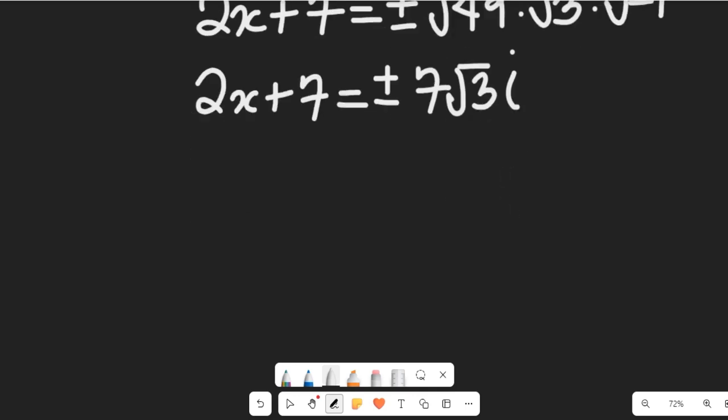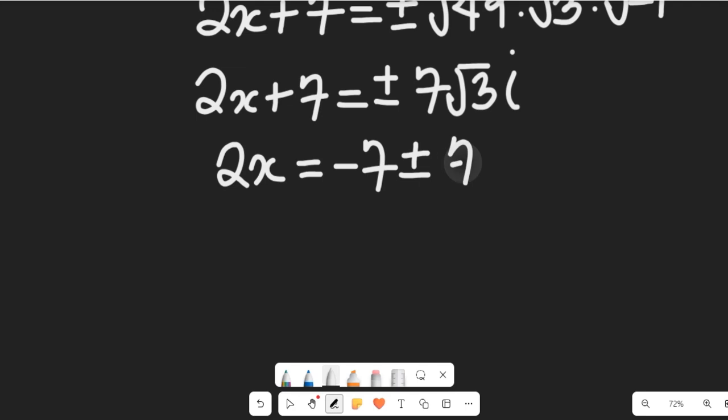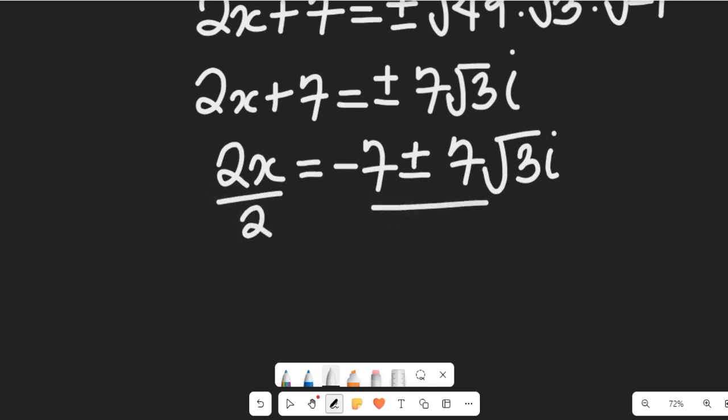To simplify this, we are going to have 2x equal to negative 7, subtracting 7 from both sides, plus or minus 7 multiplied by the square root of 3 j. Now, we can simply divide both sides by 2.